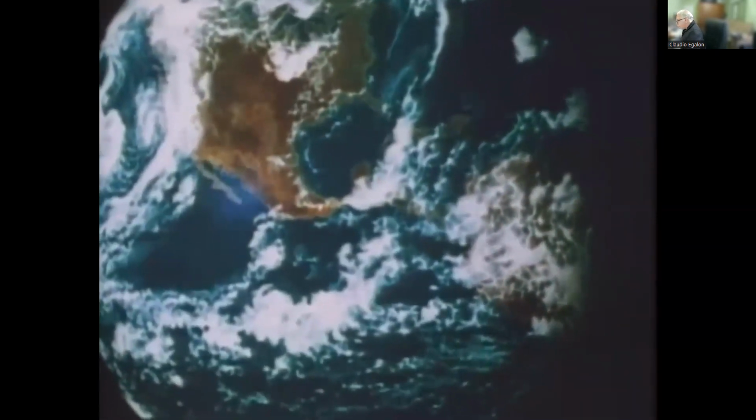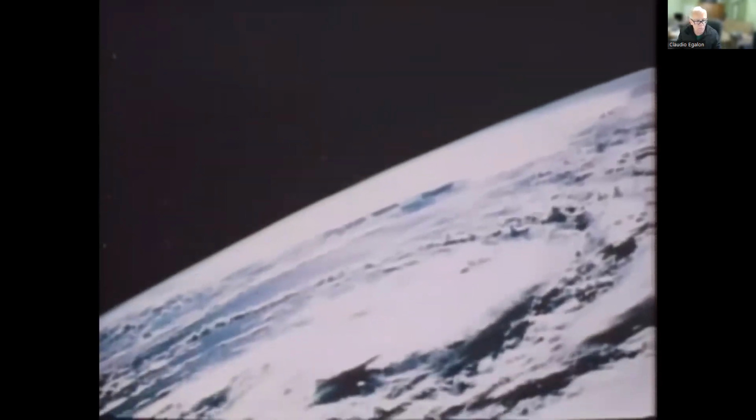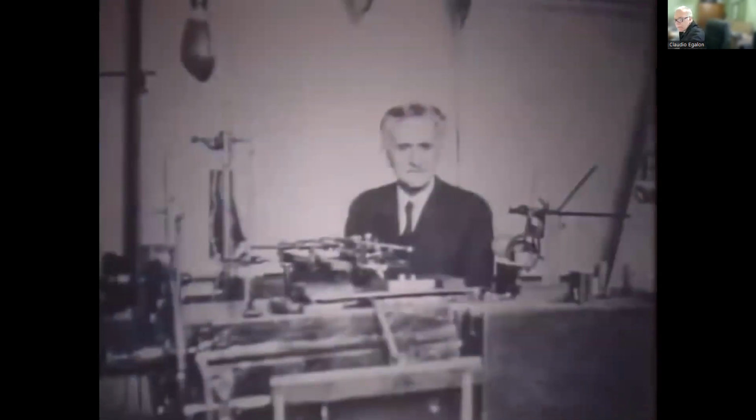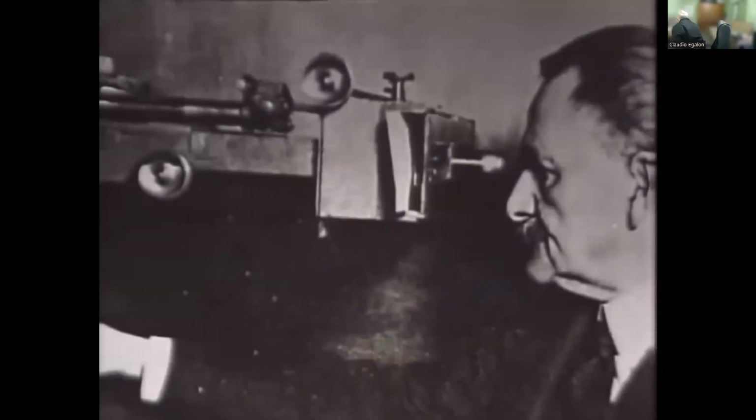Since the time of Aristotle, the ether was believed to be the very stuff of which the heavens themselves were made. That concept remained mere speculation until two Americans set out to prove once and for all that what was then called the luminiferous ether did in fact exist. They were Albert A. Michelson and Edward Morley, and their goal was to detect motion through the ether by measuring its effects on the speed of light.